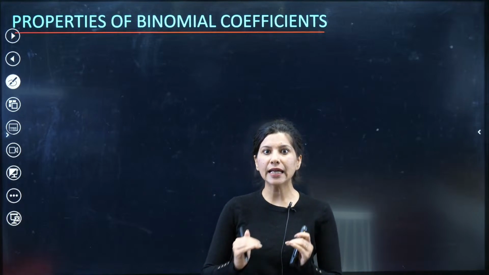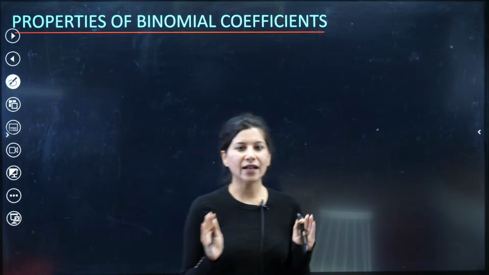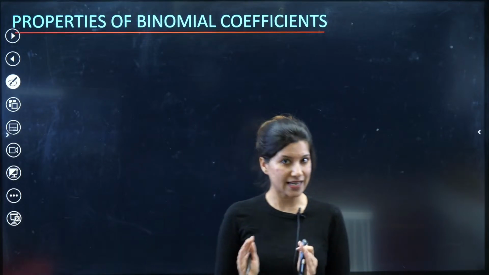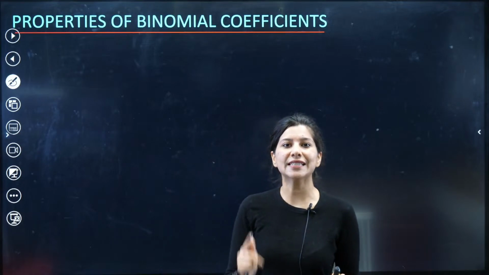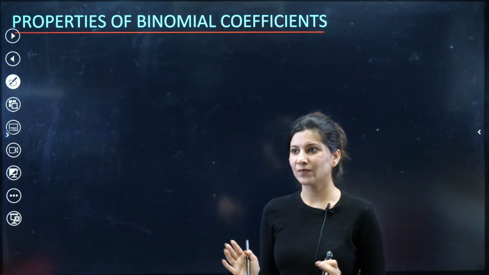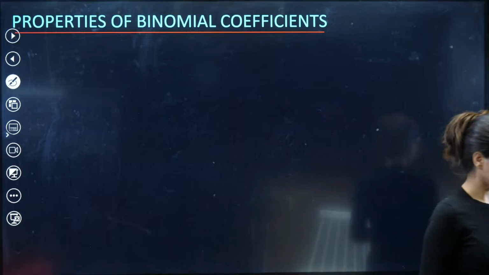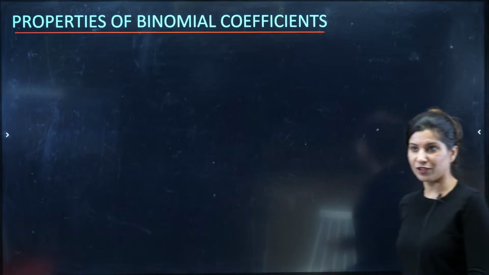In depth, we are going to study the properties of binomial coefficients one by one, and trust me, this particular topic is extremely easy. You are going to enjoy it if you know the basics of the binomial theorem. So properties is the second thing which you have to study. Are we ready for it? Okay, let us start with the properties of binomial coefficients.